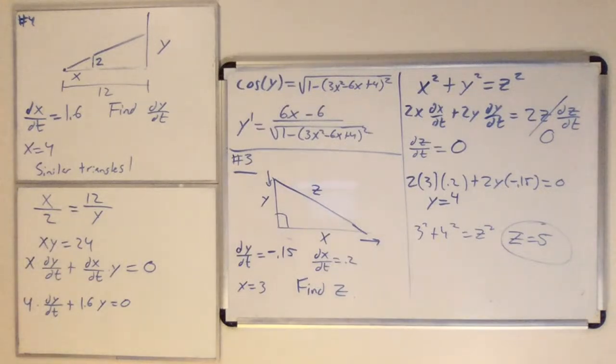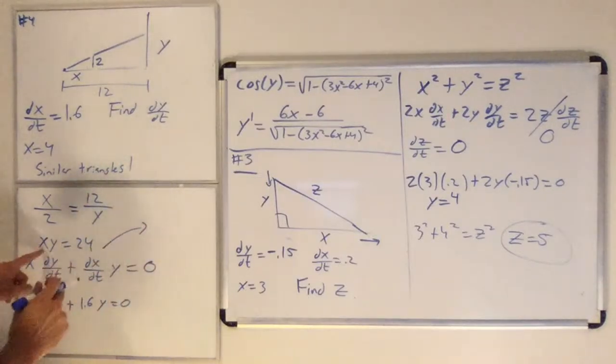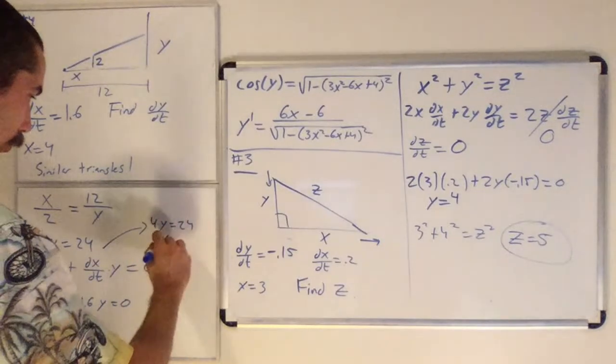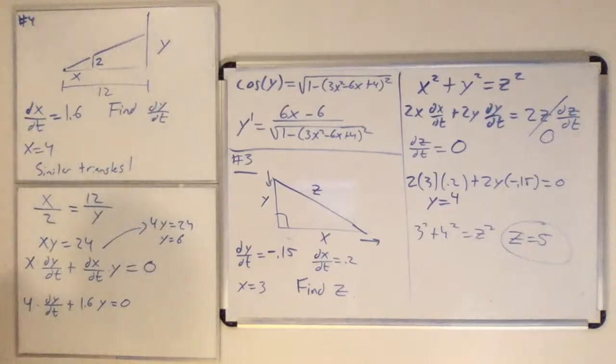Does anybody have any ideas of how to get y? Yeah, we could use either one of these equations. This one's probably easier. That's one that you recommended? Yeah, so let's just use the xy equals 24 equation. So over here, we know that x is equal to 4. So 4y equals 24. y equals 6.